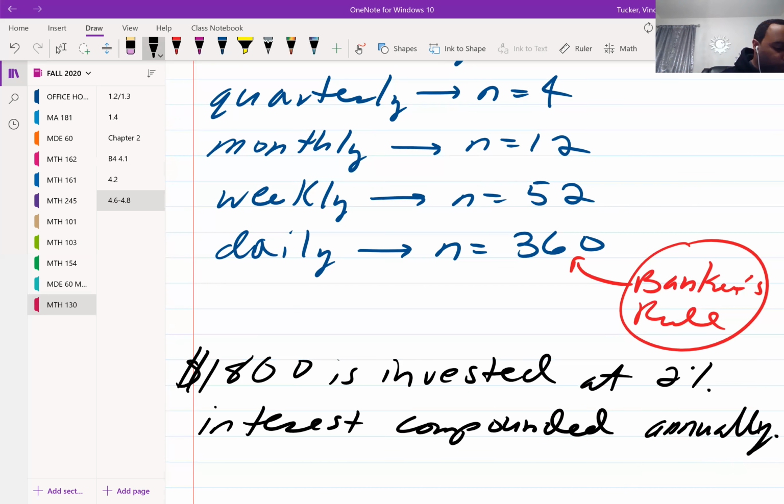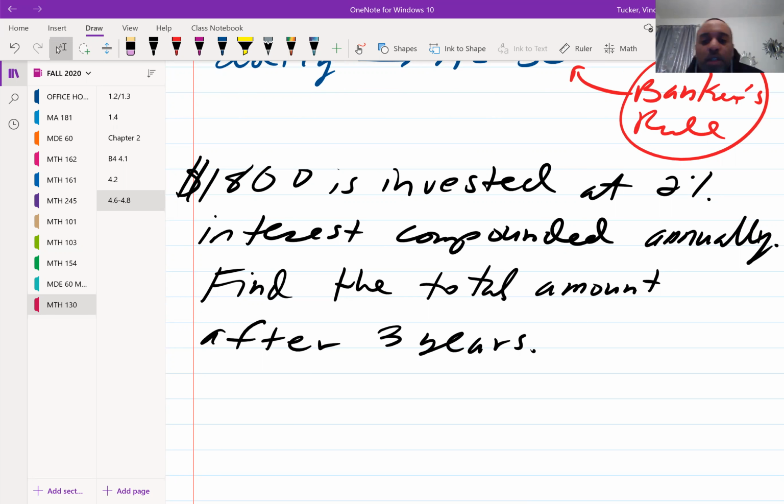All right, so $1,800 is invested at 2% interest, compounded annually. Find the total amount after 3 years.